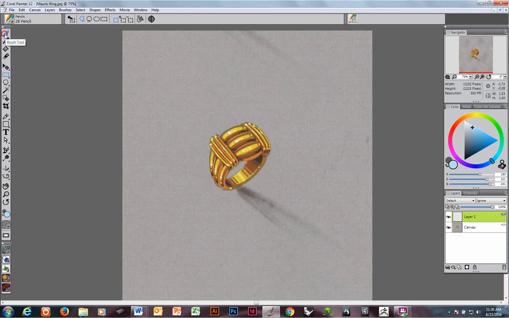Other problem with this line, however, is that a ring shank is a circle, and that circle will cut into this. There's no way for it not to. Okay? Bad painter. Brush artifact.